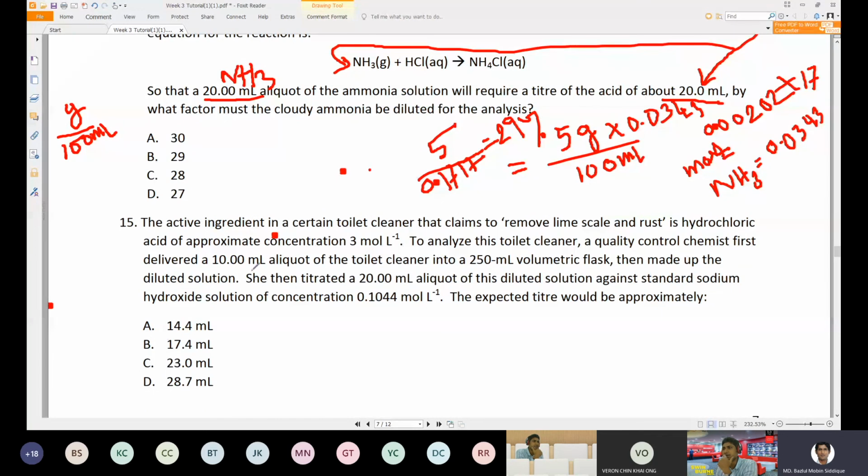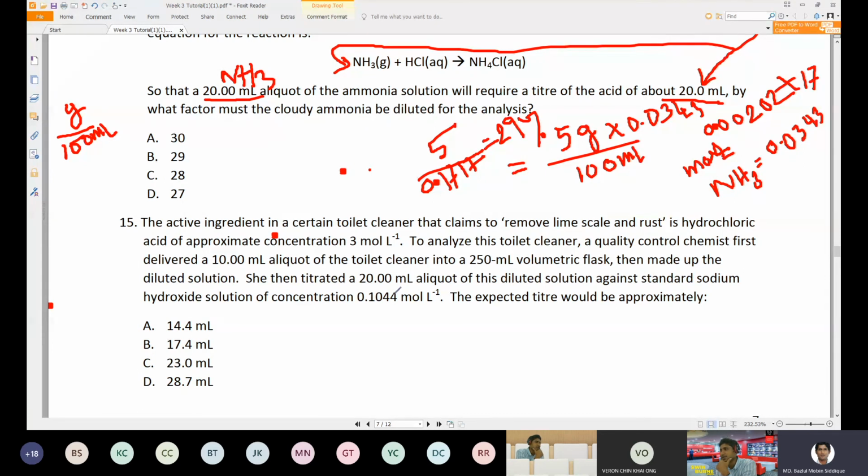Question number 15. The active ingredient in a certain toilet cleaner that claims to remove lime scale and rust is hydrochloric acid of approximate concentration 3 mole per liter. To analyze this toilet cleaner, a quality control chemist first delivered a 10 milliliter aliquot of the toilet cleaner into a 250 milliliter volumetric flask, then made up the diluted solution, okay?